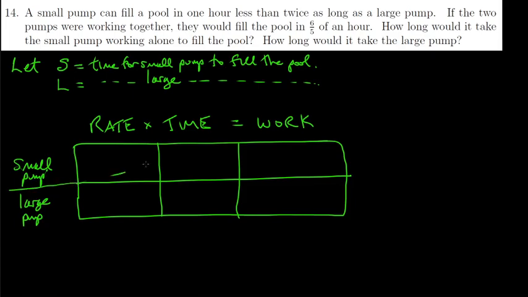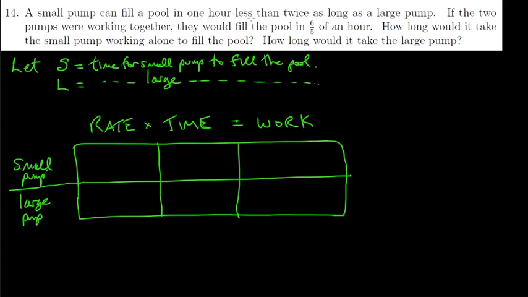All right. So what is the rate of work? Oops, we need to do that. What is the rate of work for the small pump? Well, the small pump can fill the pool in 1 hour less than twice as long as the large pump. What does that mean? It doesn't say the small pump can fill the pool in 1 hour.